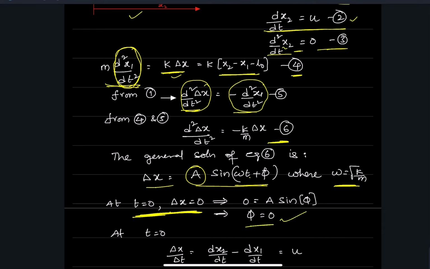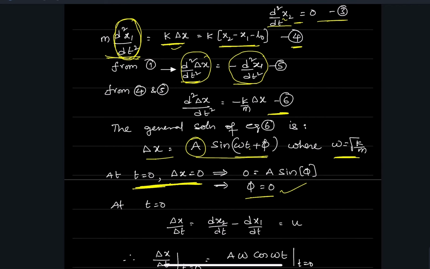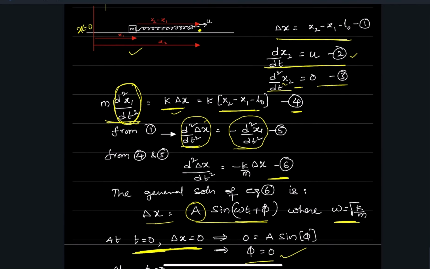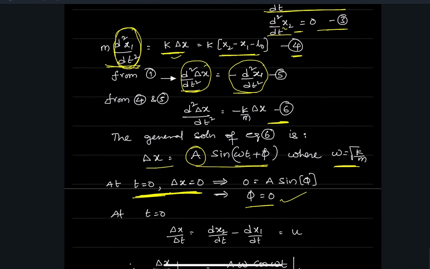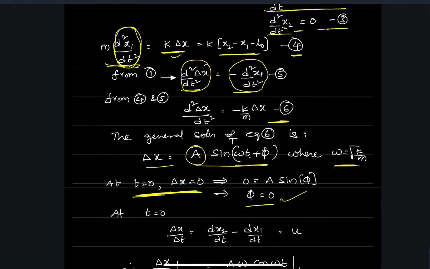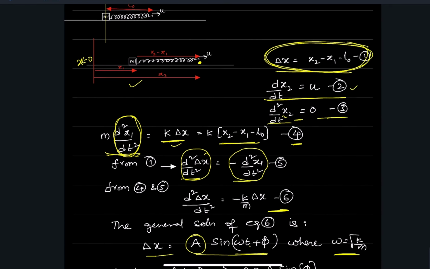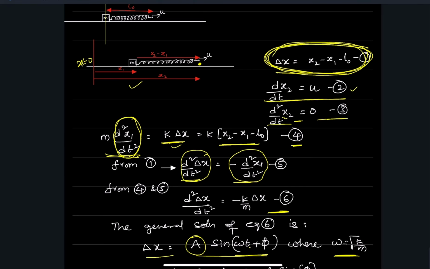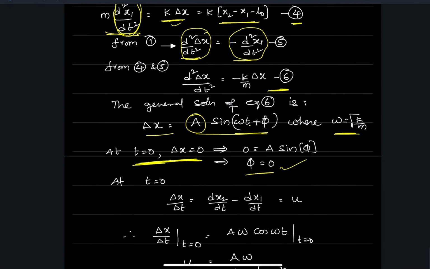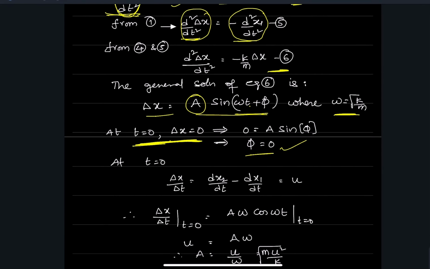Then I'm using one more boundary condition. I am bringing this from my equation 1, delta x equal to x2 minus x1 minus L0. So I am taking the time derivative of this equation now. d delta x by dt equal to dx2 by dt minus dx1 by dt.